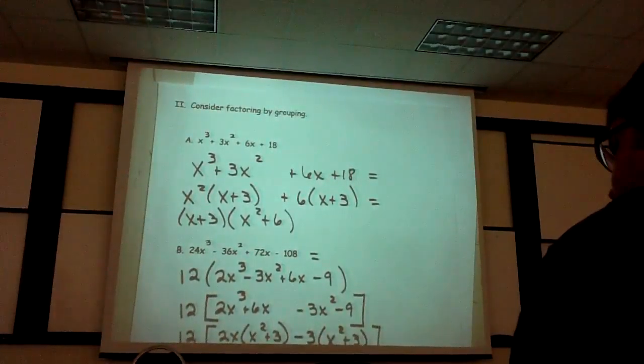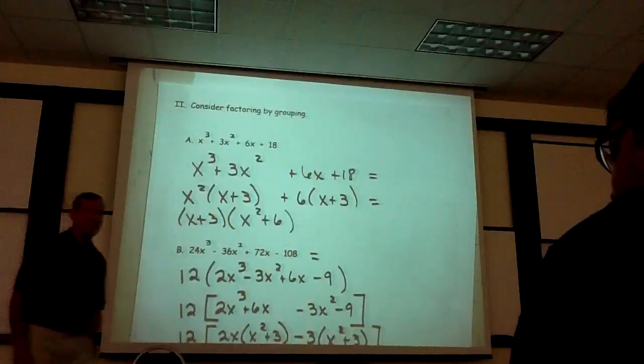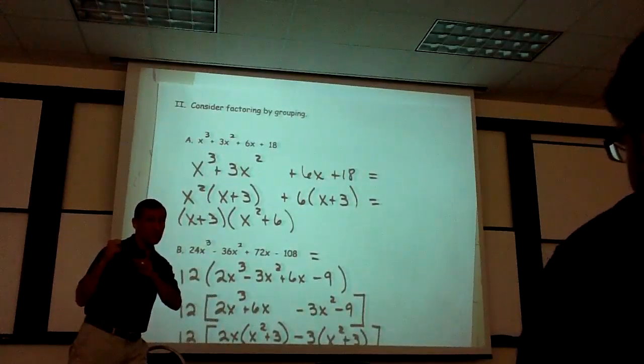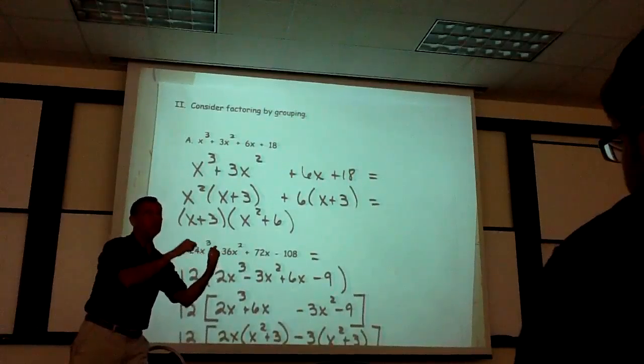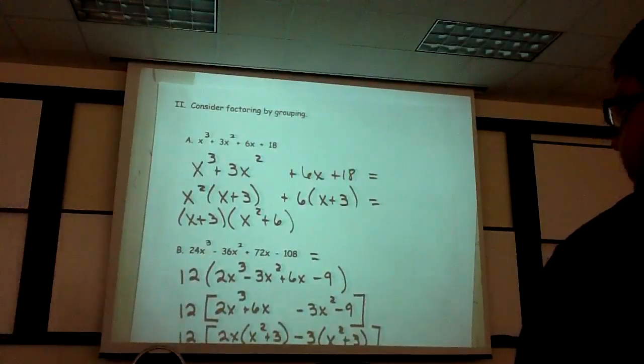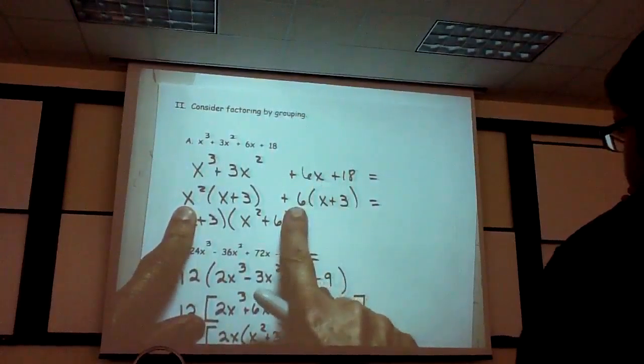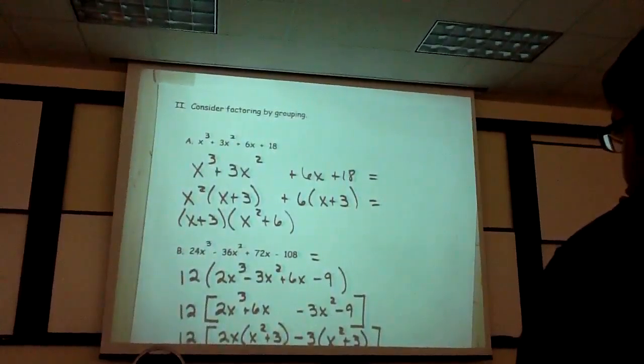Then you factor out what you saw that they had in common. In the first group, an x squared. In the second group, a 6. So I take that x squared out of these 2 guys. I take the 6 out of these 2 guys. And I just still have another expression. I've just factored a little bit of stuff out.